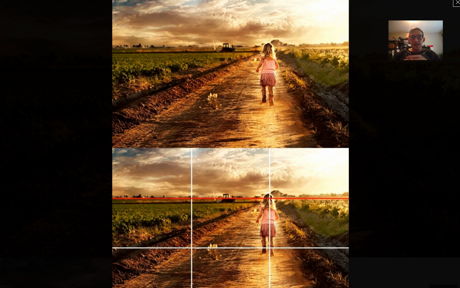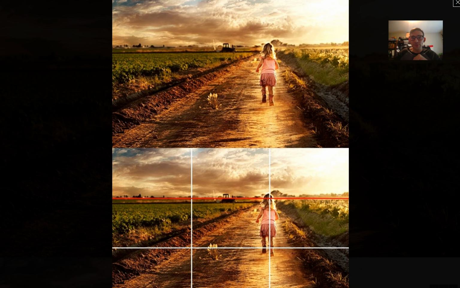You have a second line beneath that, which divides it into 3 sections horizontally. You then have 2 more lines that divide the picture into 3 sections vertically, giving you a total of 9 individual squares. So the little girl running is at 2 spots within the rule of thirds. Where those lines meet are focus points. It's used quite well.